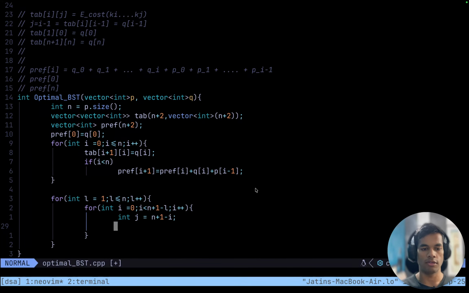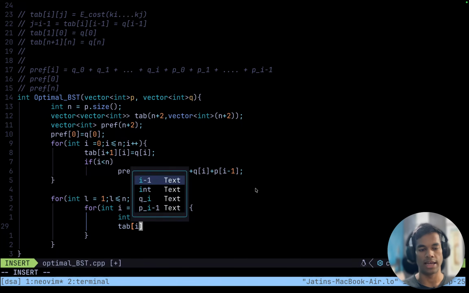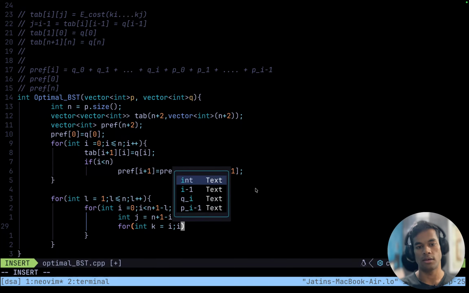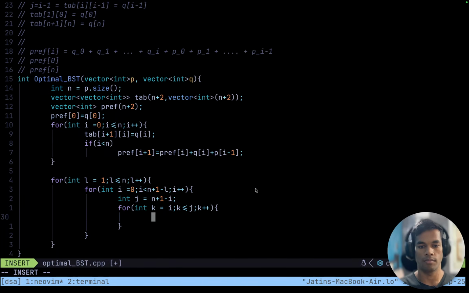This thing returns I minus j plus 1, where I and j are inclusive. So when we have I and j, we need to fill the tab table. Tab I, tab j equals, internally we will have a loop for int k equals I, k less than equal to j, and k plus plus.